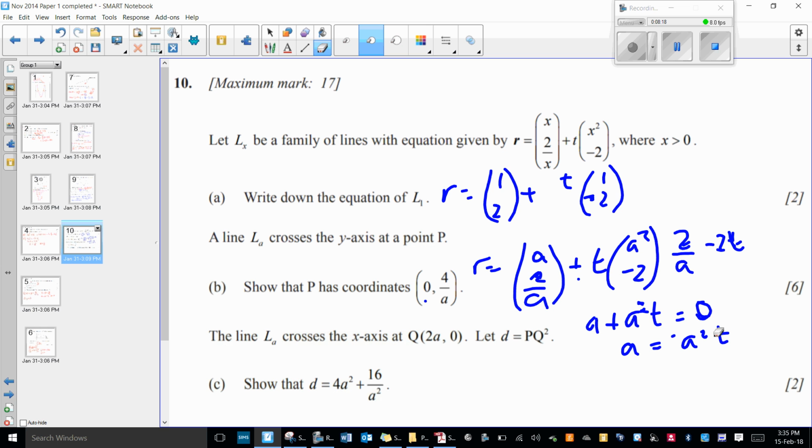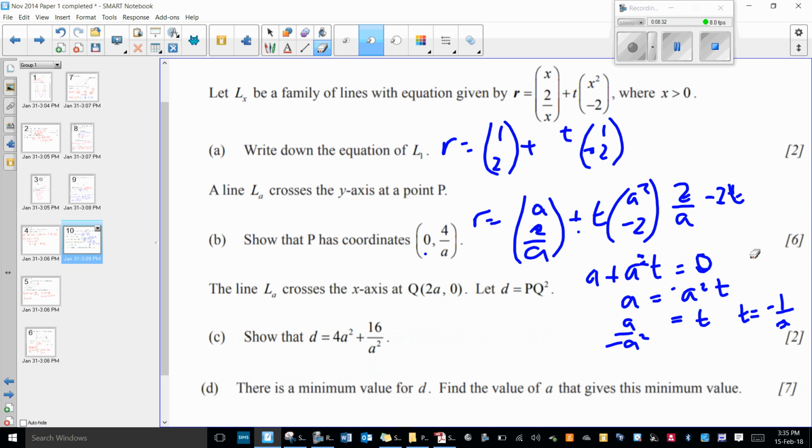So t equals a over negative a squared, so t equals -1 over a. Now we stick that in here. So we've got 2 over a minus 2 lots of -1 over a, which is 2 over a plus 2 over a, which is 4 over a.